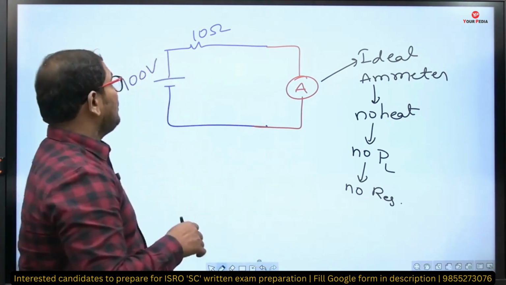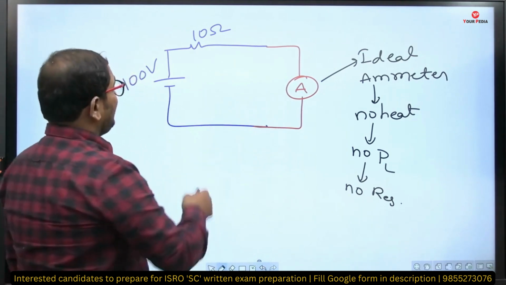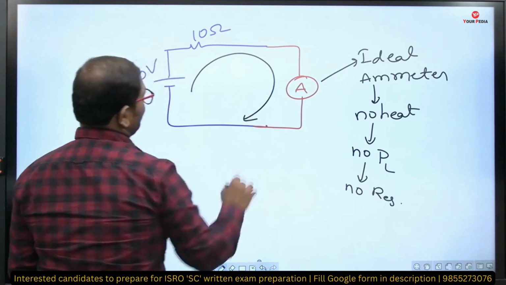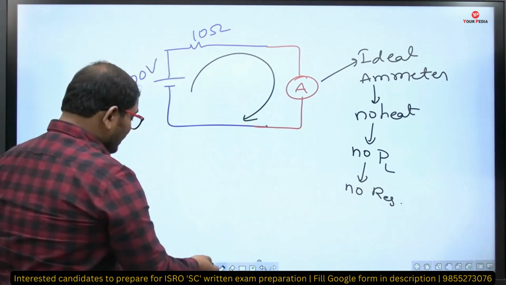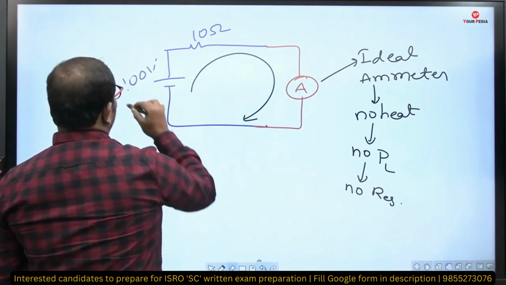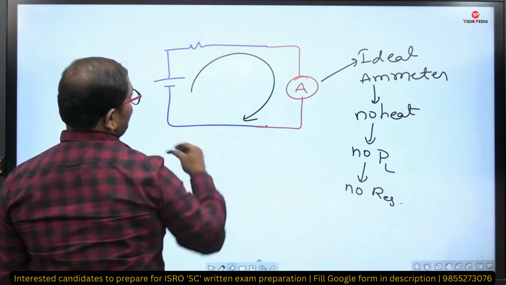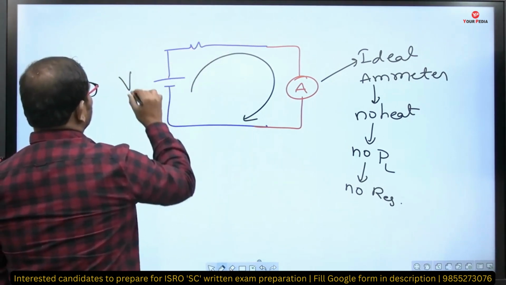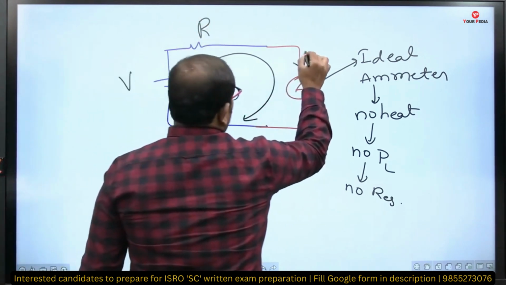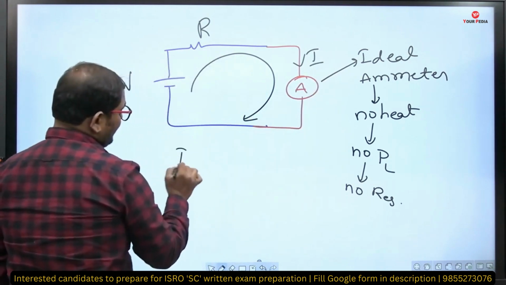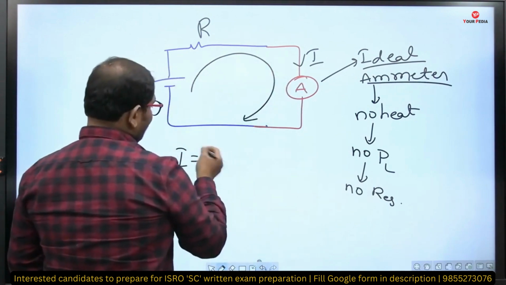Because of this, when we connect this circuit through this ammeter, immediately current will flow through the ammeter like this. For a generalized concept, I will replace these physical values with generalized values. So source voltage is V and resistor value is R. How much current will be measured if it is an ideal ammeter?